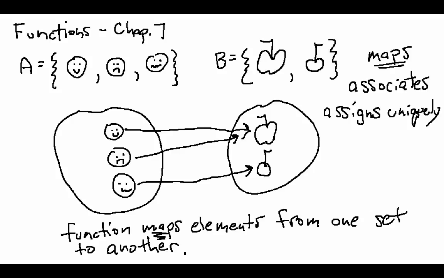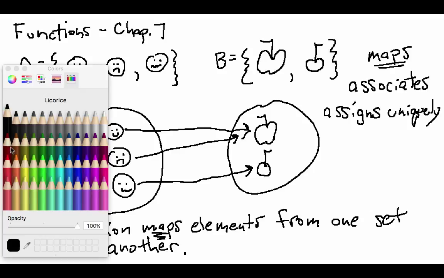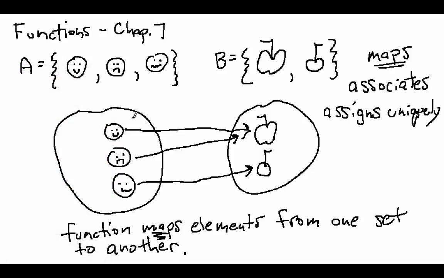If we considered an example, let's grab a different color here now. Suppose I told you that the happy face was associated with the apple and with the cherry. Now it would no longer be a function, okay?